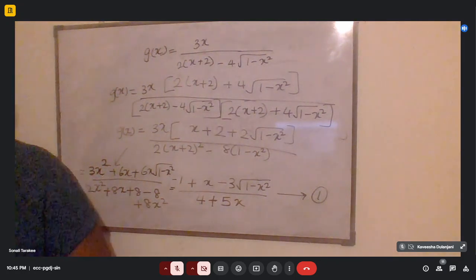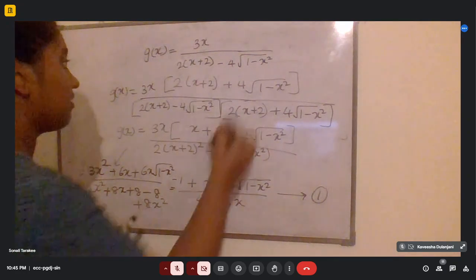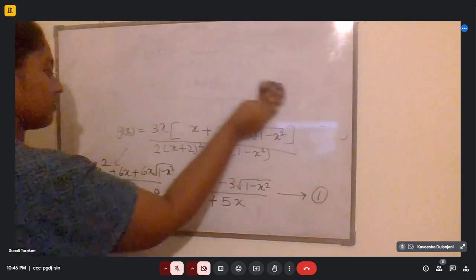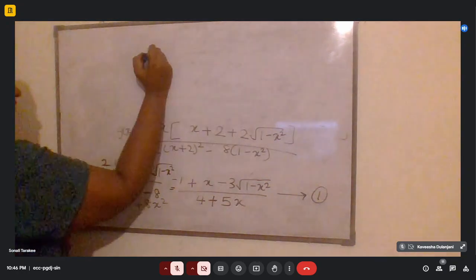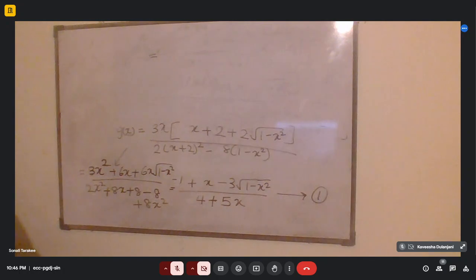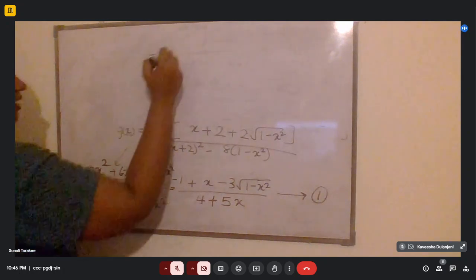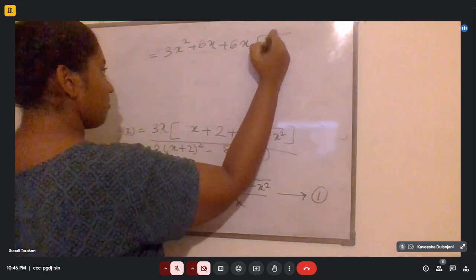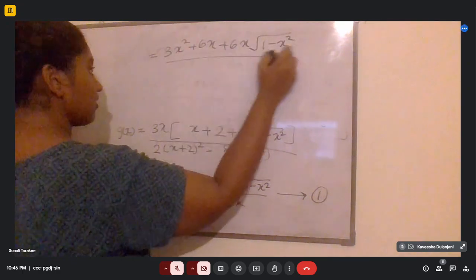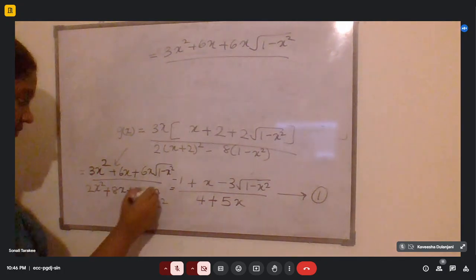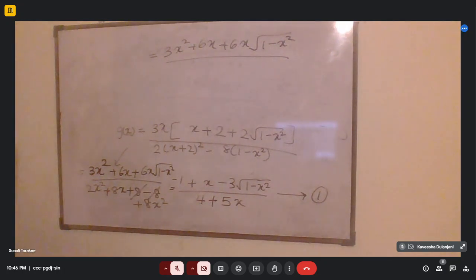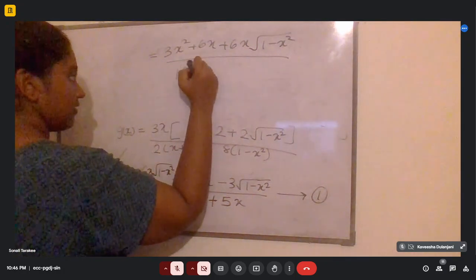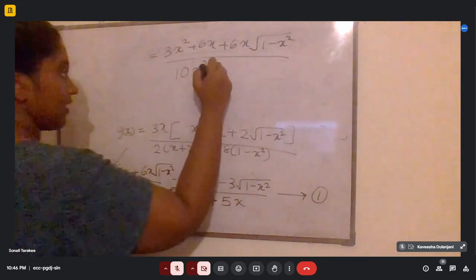So once you simplify this one, you get 3x squared plus 6x plus 6x square root of (1 minus x squared). Here plus 8 and minus 8 you can cancel. 2x squared plus 8x squared you get 10x squared and 8x.